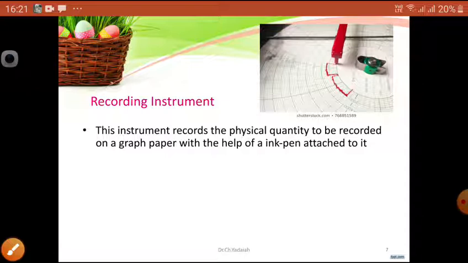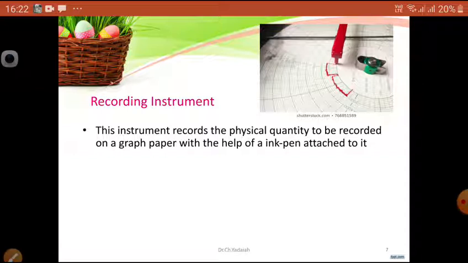So here once again we can say this is the instrument which keeps a continuous record of the variation of magnitude of an electrical quantity to be measured over a defined period of time, some duration of time.